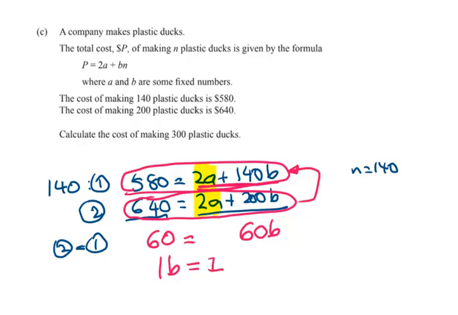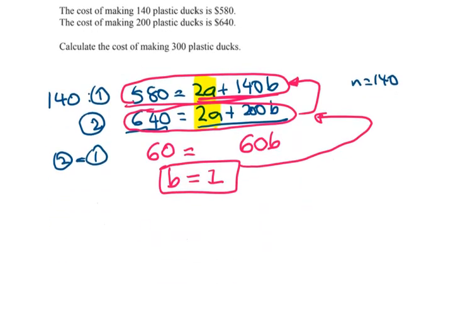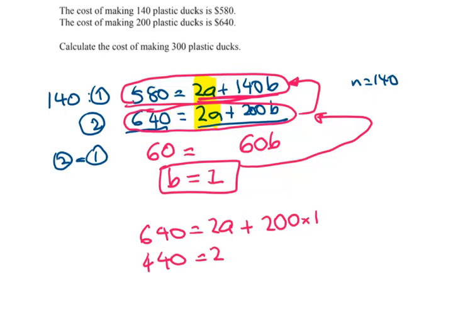We can take that and substitute it back into either equation. I'm going to chuck it into the second one. That tells me that 640 is equal to 2A plus 200 times 1, which gives me 440 is equal to 2A. A is equal to 220.